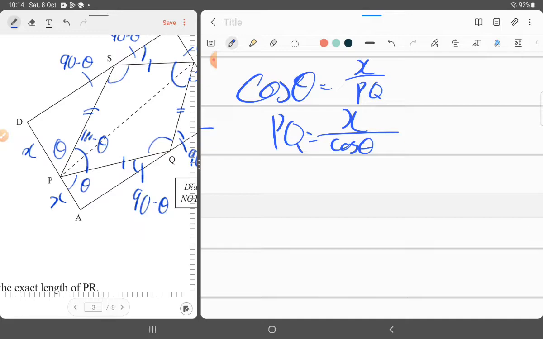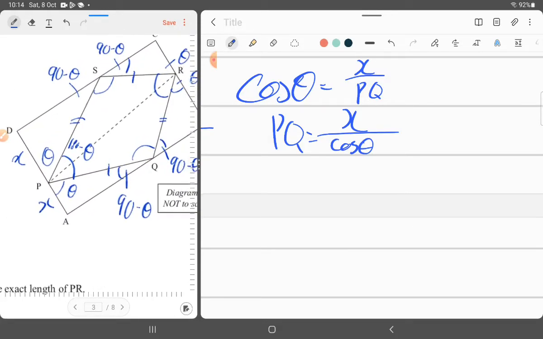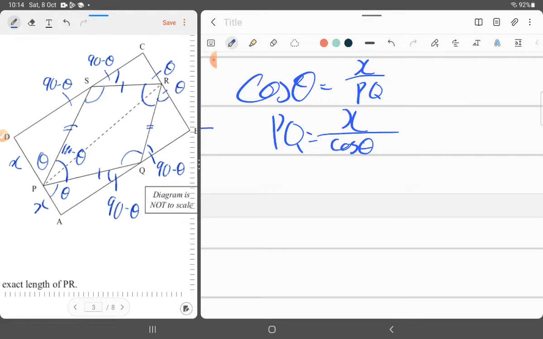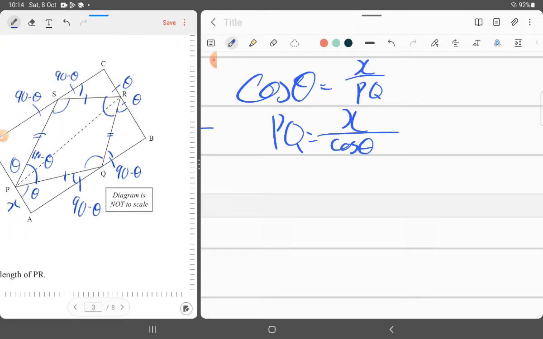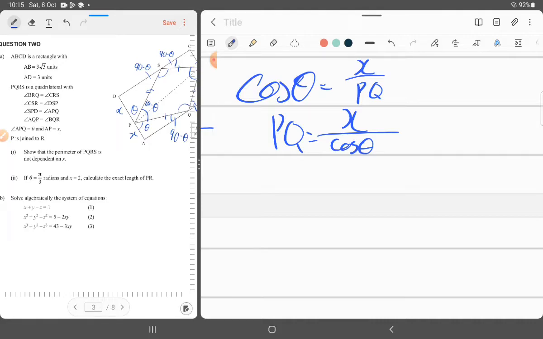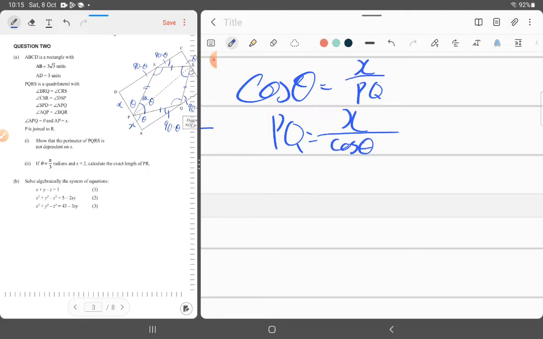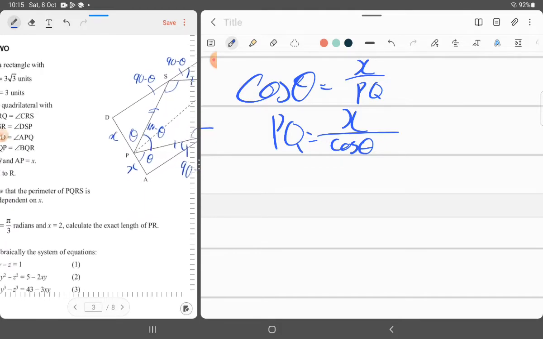Actually, no. Actually, this triangle DP can also be a similar triangle, I think. X. Did I miss anything again? Oh, I missed that AD is equal to 3 units.